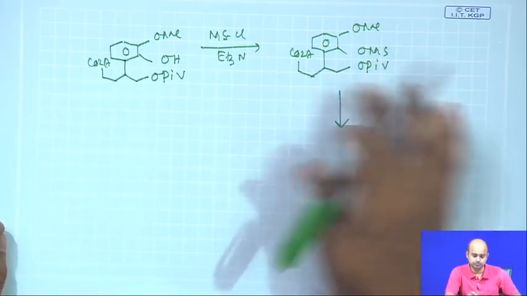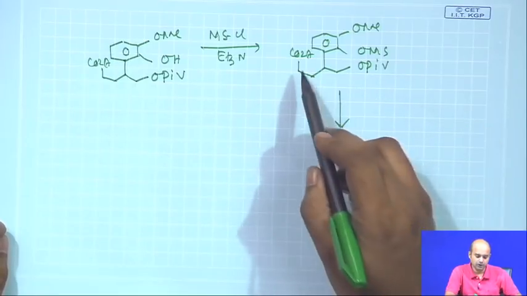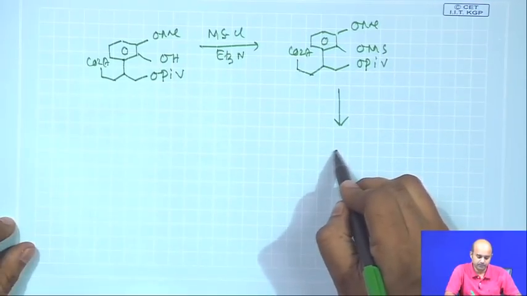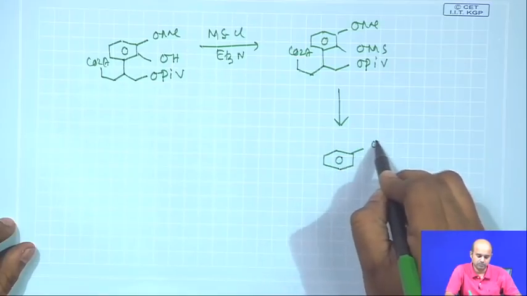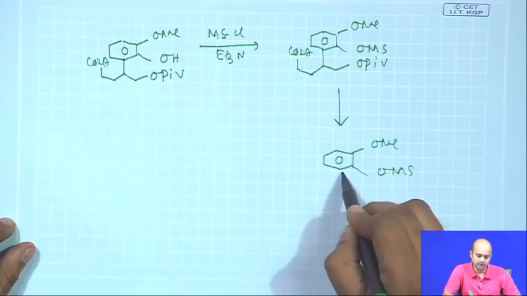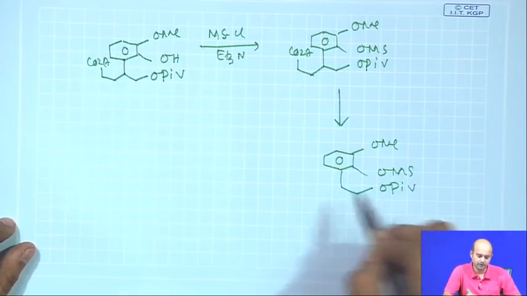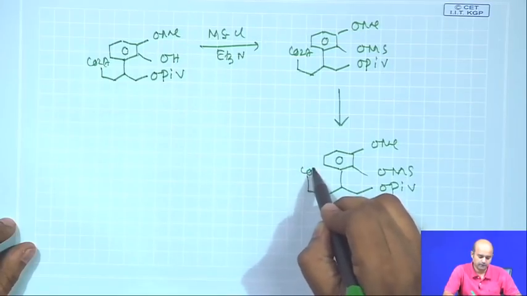You can just put a very mild hydrolysis condition which will only clip this one, and then you will get this CO2H.